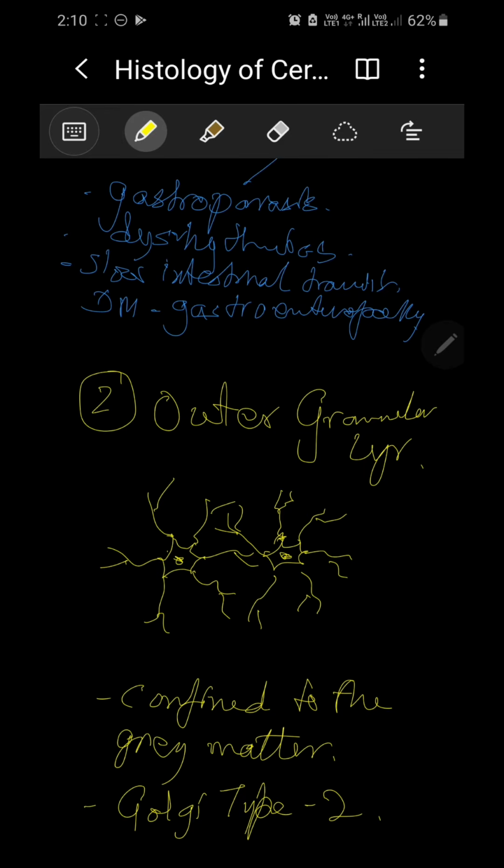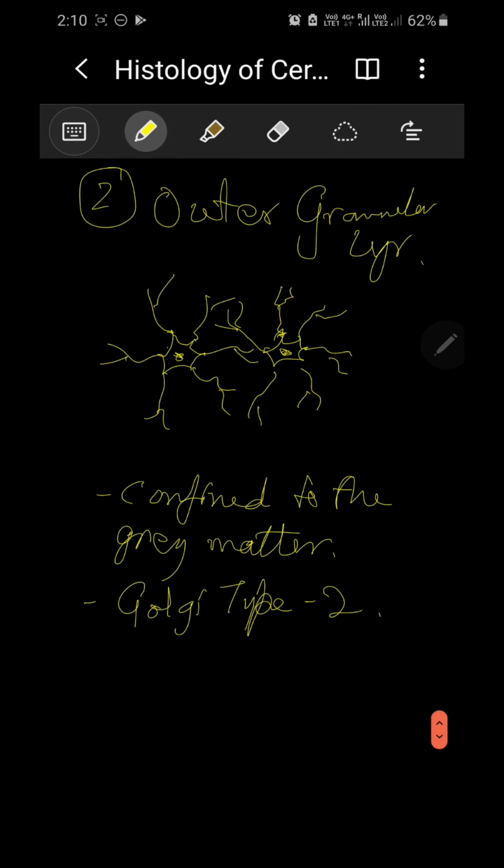But in Golgi type 2, the axons and dendrites are nearly the same, and they are restricted only to the gray matter. They do not extend beyond the gray matter. So they are Golgi type 2. Remember this. Okay.